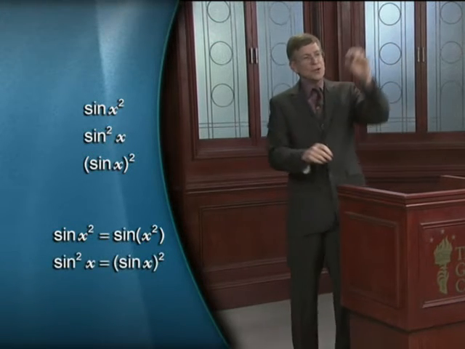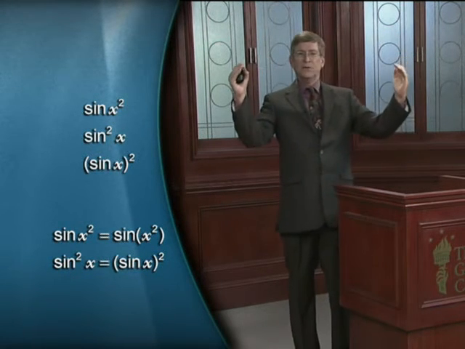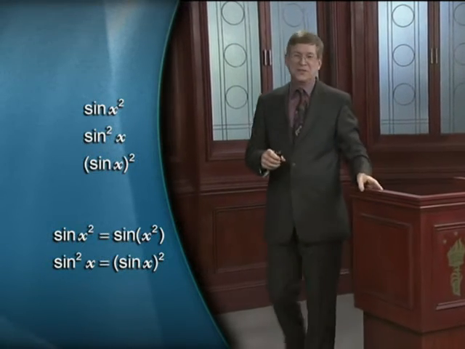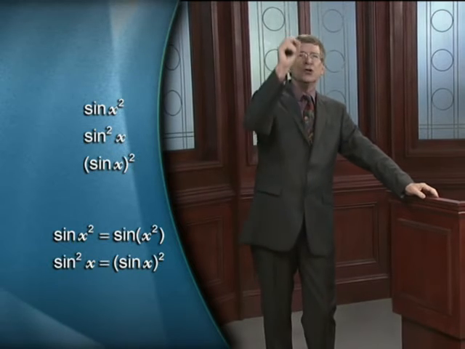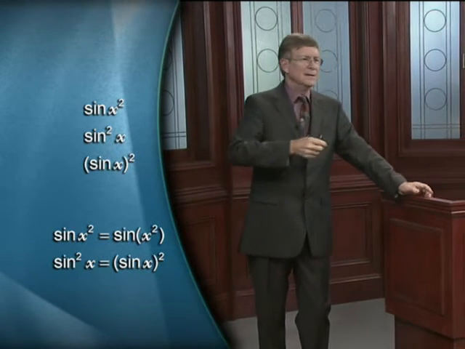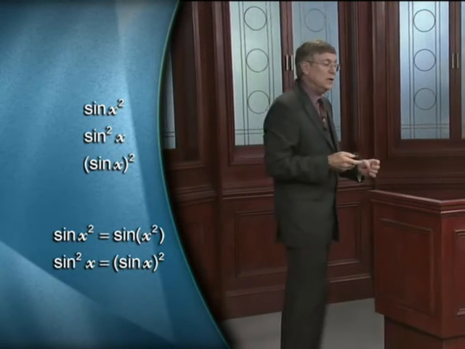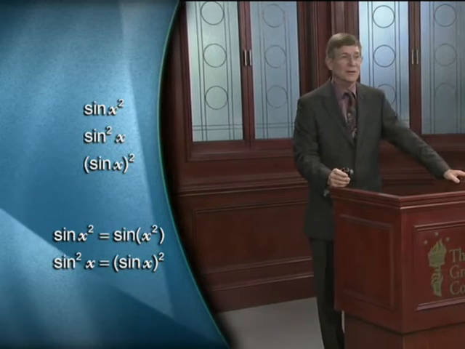Whereas sine with a 2x, that means sine with parentheses all squared. Unfortunately, mathematicians don't write it that latter way, do they? They like to write it as sine 2x. That's just the way it is, and I've become comfortable with it over the years, and my students, unfortunately, have to become comfortable as well.